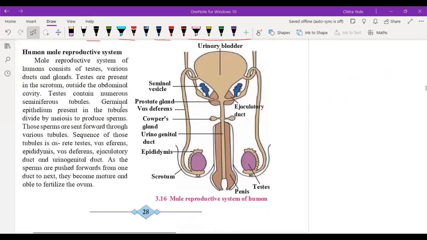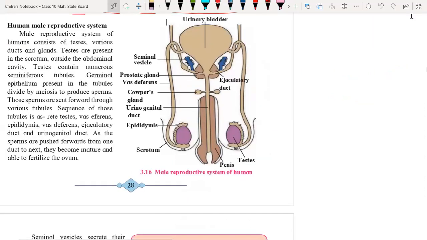Now we are going to understand the human male reproductive system. As you can see in the diagram, here we have the male reproductive system. We will understand each part individually.